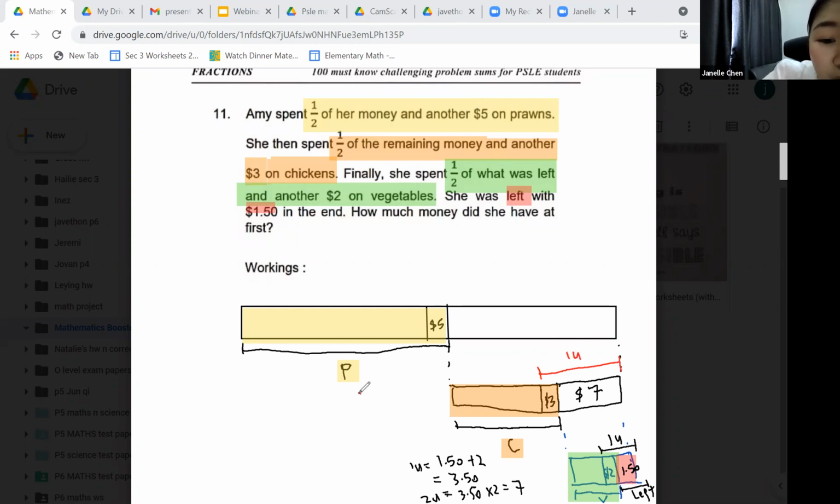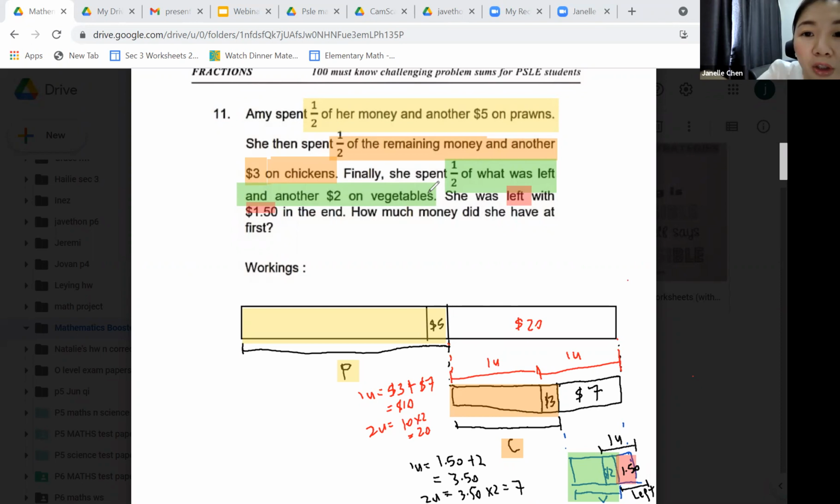So in that case, here to here will be my 1 unit again. So this 1 unit will be equal to the $3 that we cut from the half plus back the $7 that we just calculated. So this is equal to $10. Am I correct? So from here to here is 1 unit and 2 units in total is equal to $10 times 2, which will give me $20. So this thing here is $20, because it is dotted out from there, correct or not?